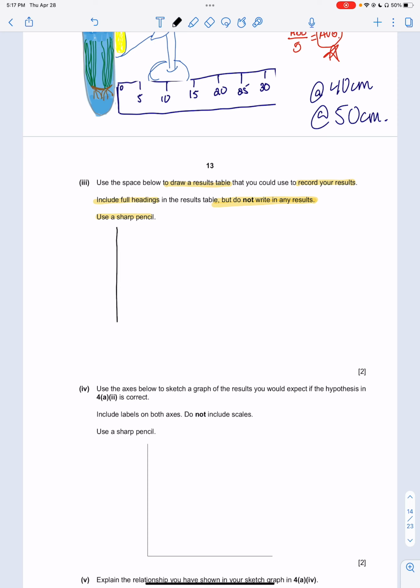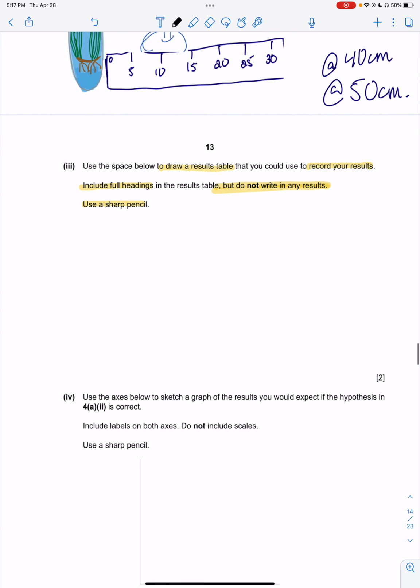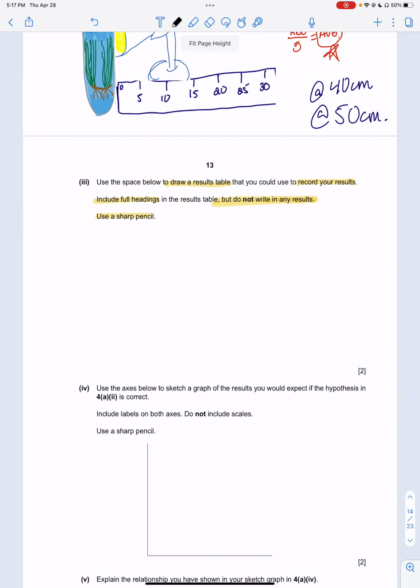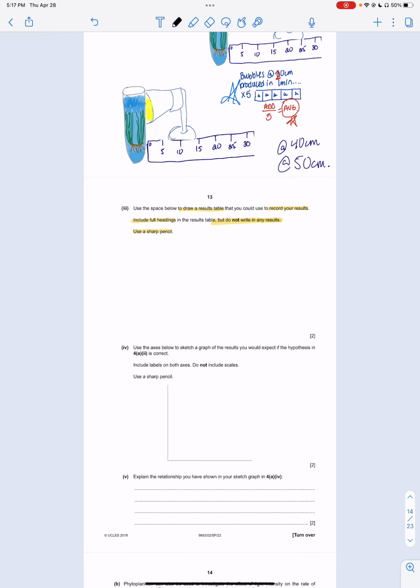I don't have a ruler, but per the mark scheme, you do not need to include multiple, let me try this ruler. You don't have to include 5 boxes, to pretend like you were going to record data. It says ignore that, but you wouldn't know that because you don't see the mark scheme ahead of time.